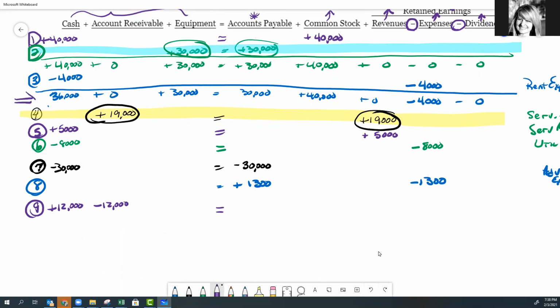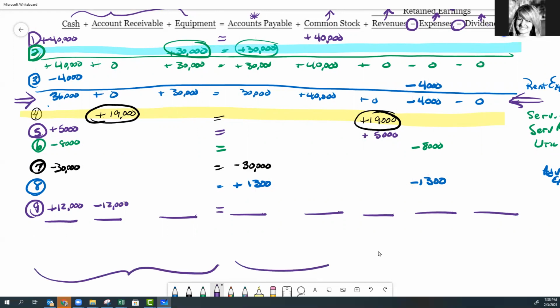So we're going to start with our balances up here on this line. And we're going to total our cash, our accounts receivable, our equipment, our accounts payable, common stock, revenues, expenses, and dividends. And then we're going to check to make sure that we balance.